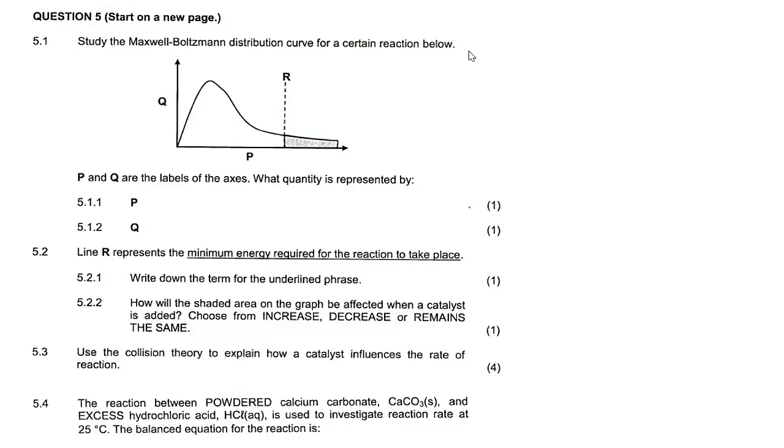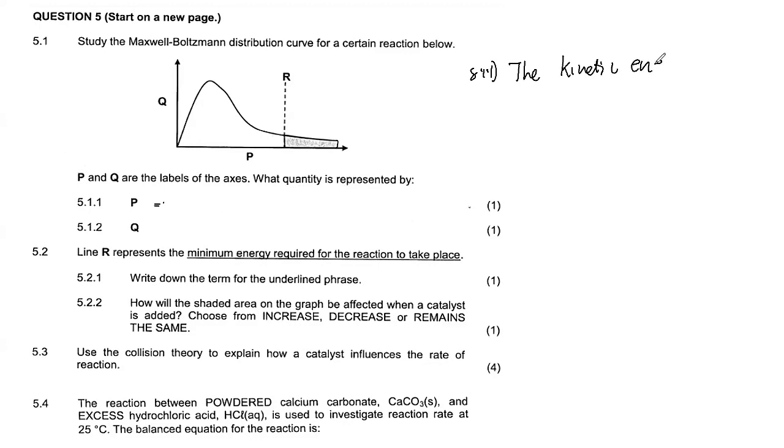Okay, so we have question 5. It says, study the Maxwell-Boltzmann distribution curve for a certain reaction below, right? Then we are given that P and Q are the labels of the axis. What quantity is represented by P? Now we know that P here will have to represent the kinetic energy of the particles.